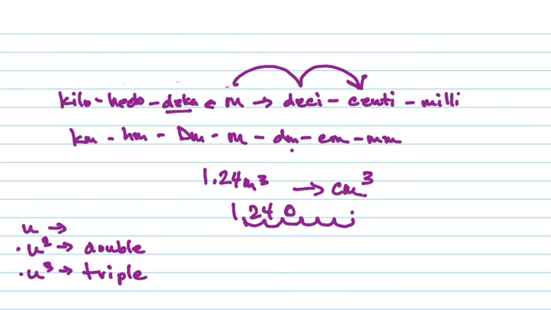What do I do in place of all those missing places? Put zeros. So our final number is 1,240,000 centimeters cubed. So it's just a matter of counting how many places you're going to move and multiplying it by 3.